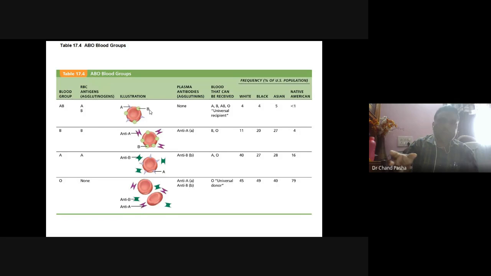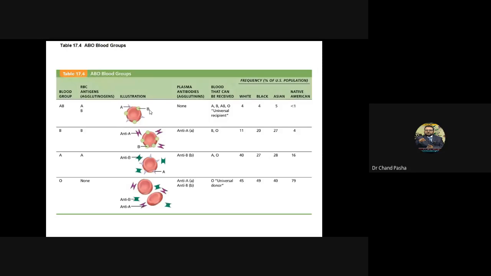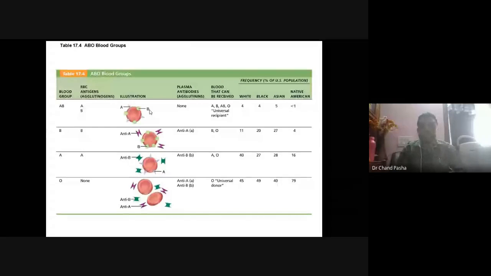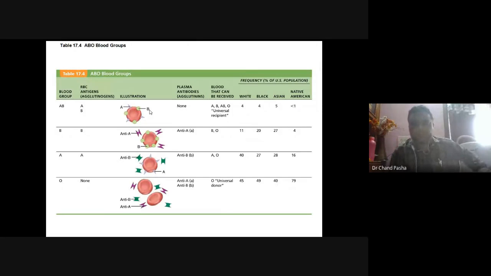If the sugar is removed, then A is converted to O. This research is going on, and they are trying chemical as well as enzymatic processes. The chemical method is achieved, but the lifespan of RBCs has been reduced from 120 days to almost 10 days. That is a limiting factor, but people are still working on this concept.